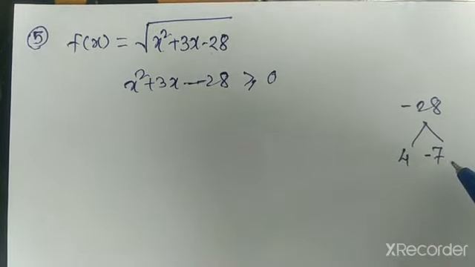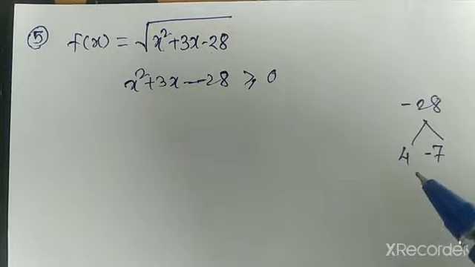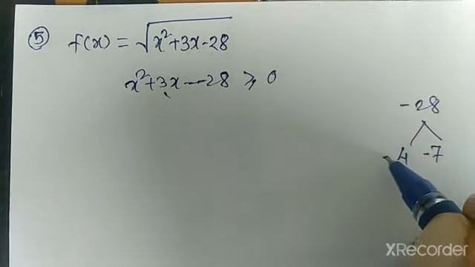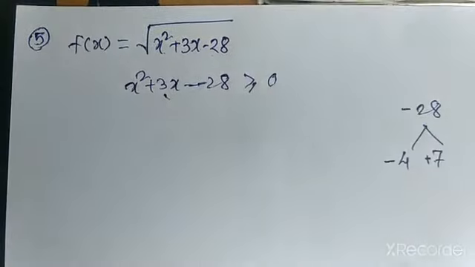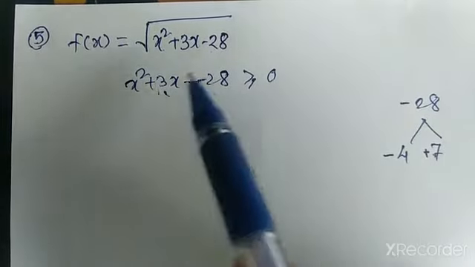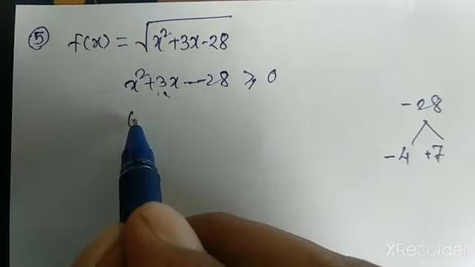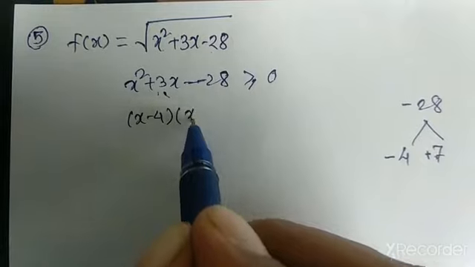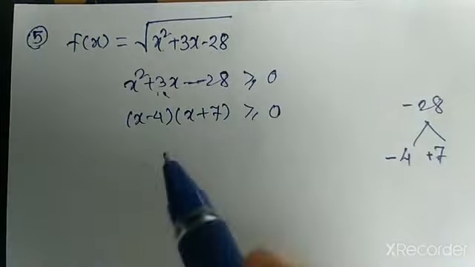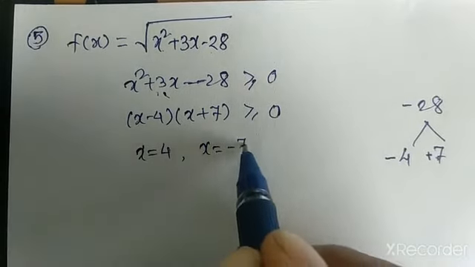Here we require plus 3, so it will be minus 4 plus 7, because minus 4 plus 7 is 3, our middle term. Now it can be written as x minus 4 into x plus 7 greater than or equal to 0, so we get two values, x is equal to 4 and x is equal to minus 7.